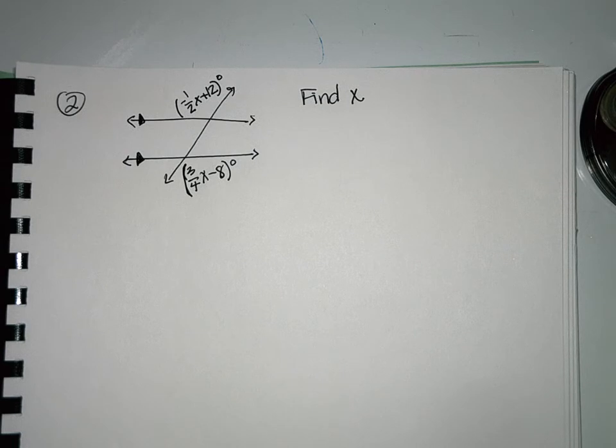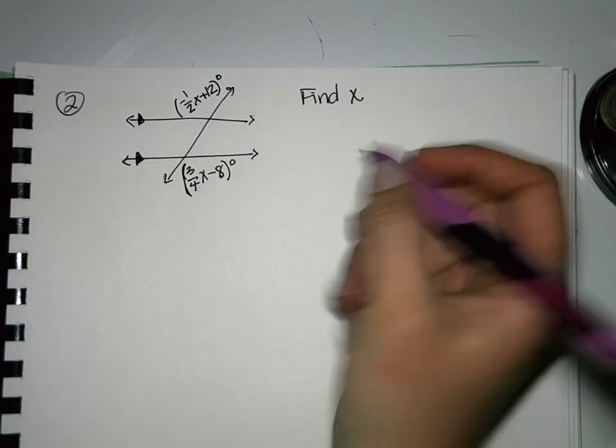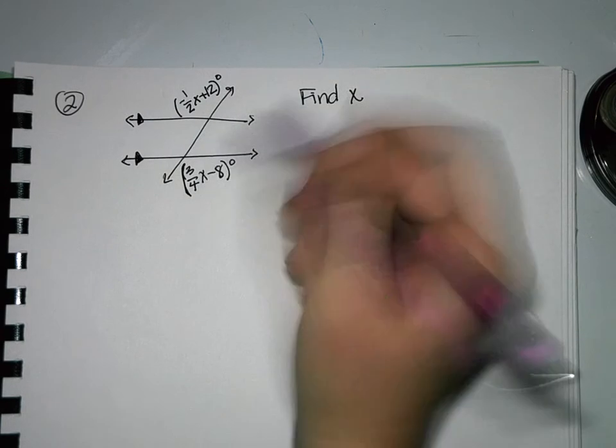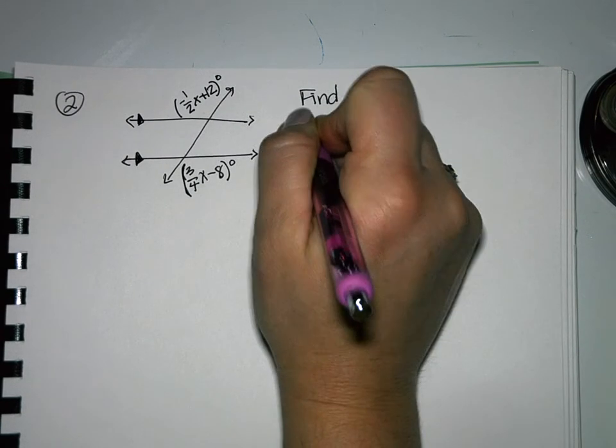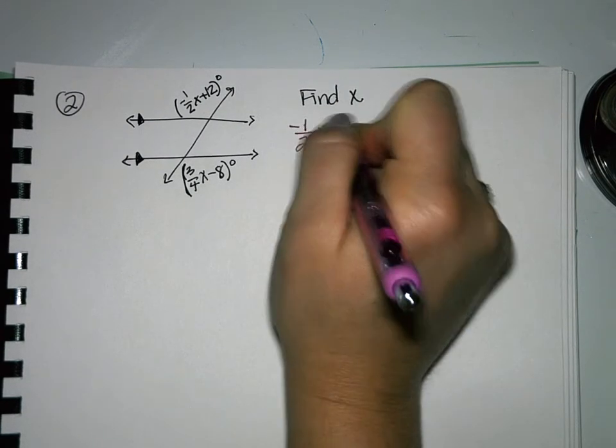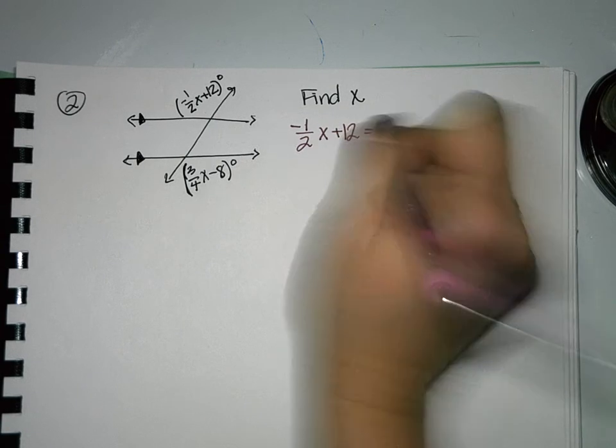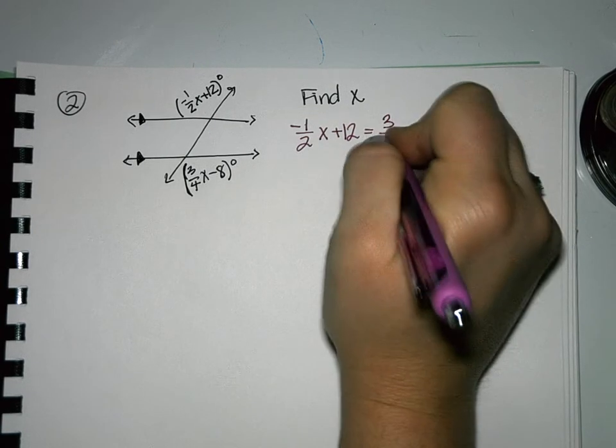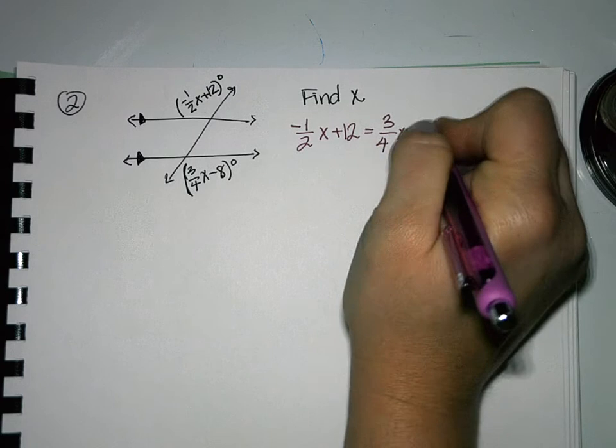Okay, so what relationship do you see or can you find between those two angles? Yes, so they're alternate exterior, so that means that we can set them equal to each other. So negative 1/2 x plus 12 will equal 3/4 x minus 8.